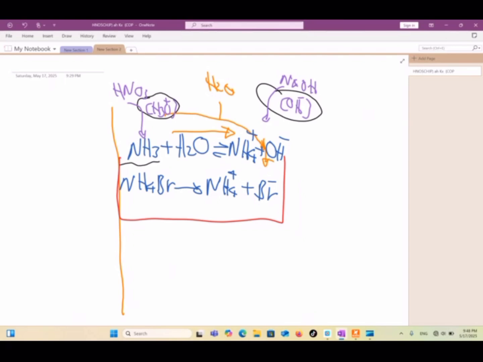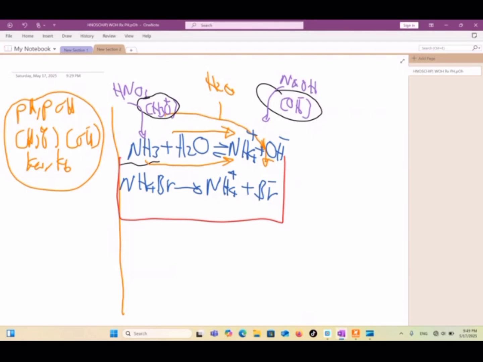Because the hydroxide consumed due to the addition of the hydronium is compensated by the ionization of ammonia, based on Le Chatelier's principle, which shifts toward the product side. Therefore, there will not be any change in the pH, pOH, hydronium, hydroxide, Ka, and Kb values. These values stay unchanged, constant.